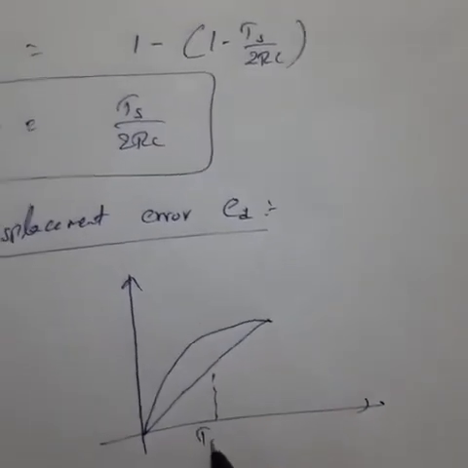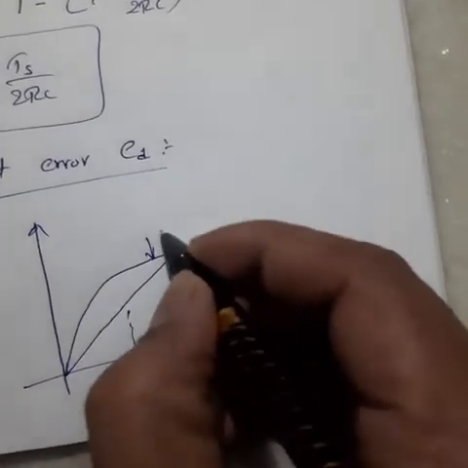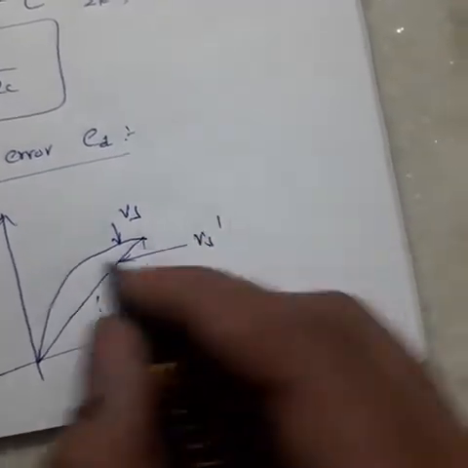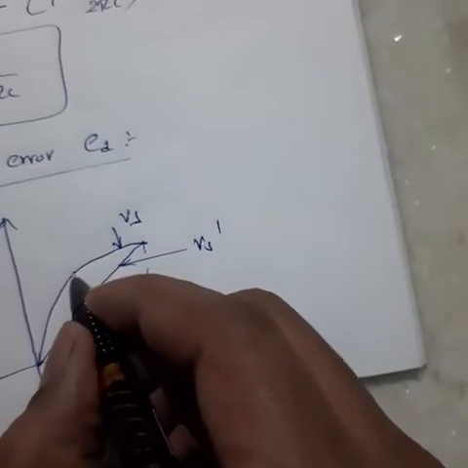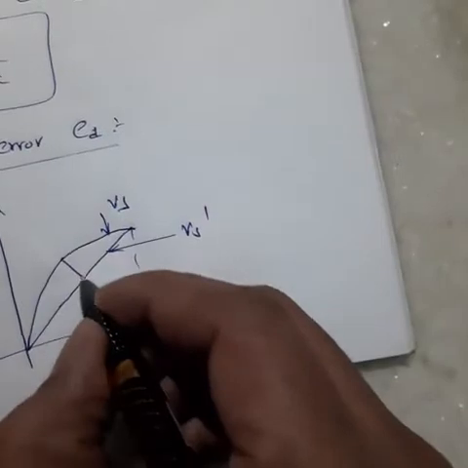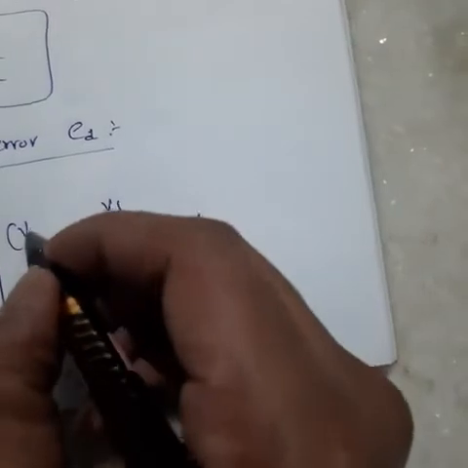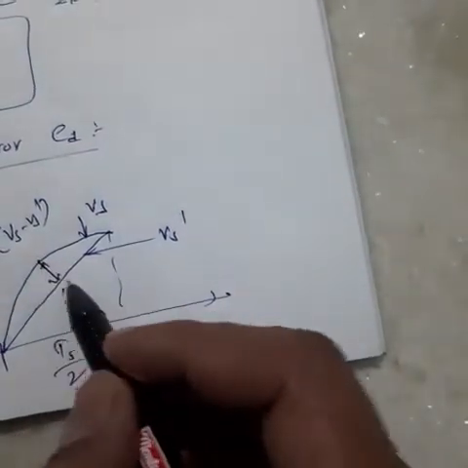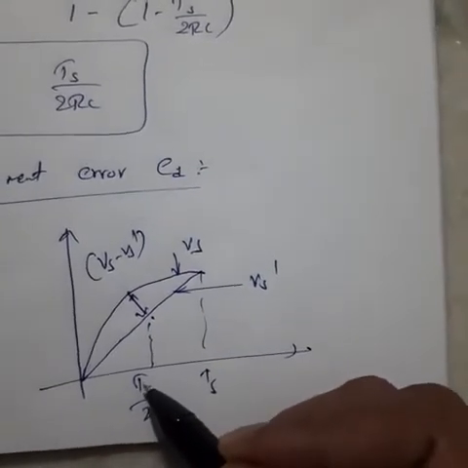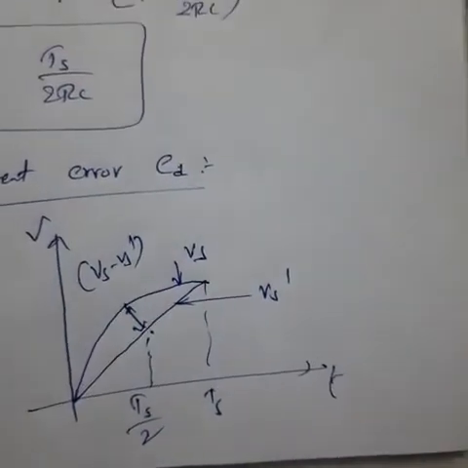This is half the waveform, that is Ts by 2, and this is at Ts. This is Vs output and this is Vs dash. We get the maximum deviation, the maximum difference between input and output, at Ts by 2, that is Vs minus Vs dash.